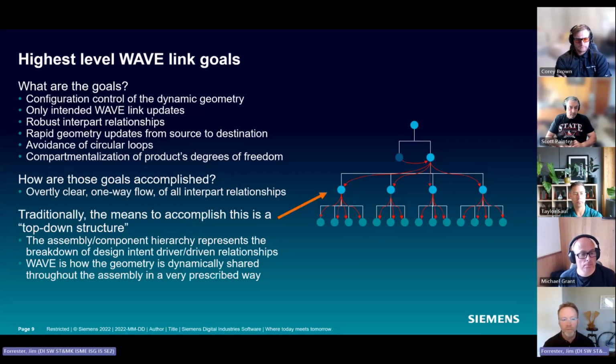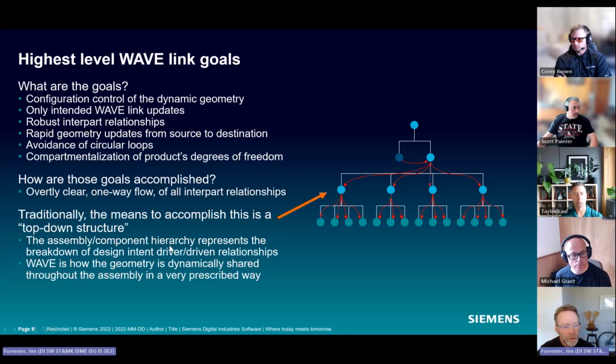So an airplane, for example, probably has millions of degrees of freedom when they start off designing, but you can compartmentalize those degrees of freedom in different nodes of that structure so that it's a more manageable problem to solve.